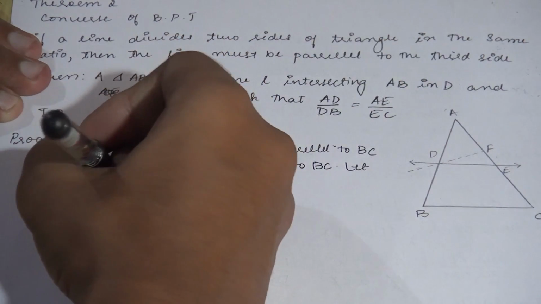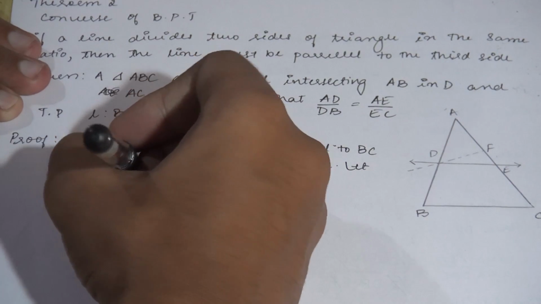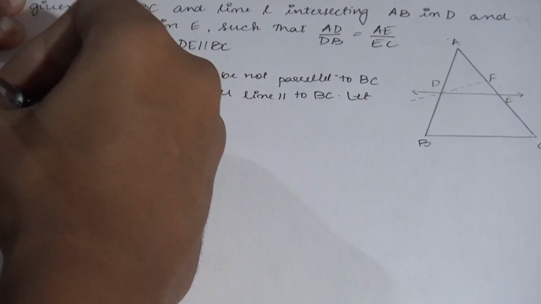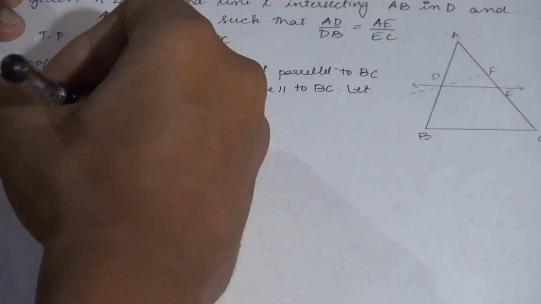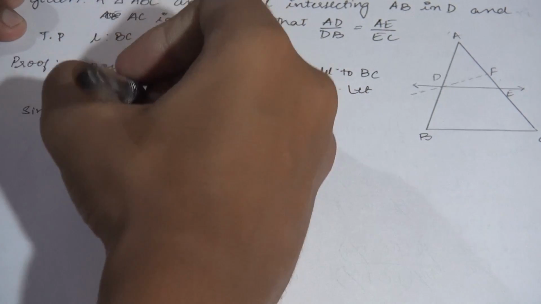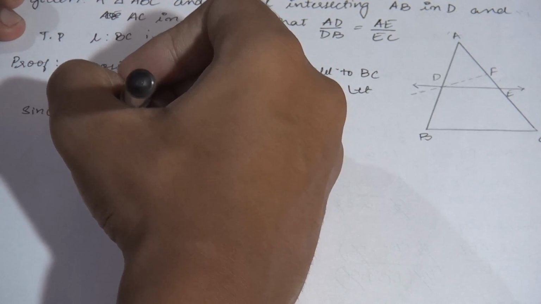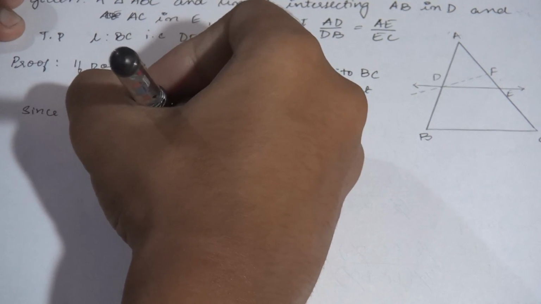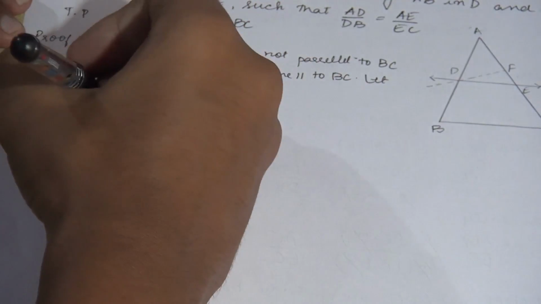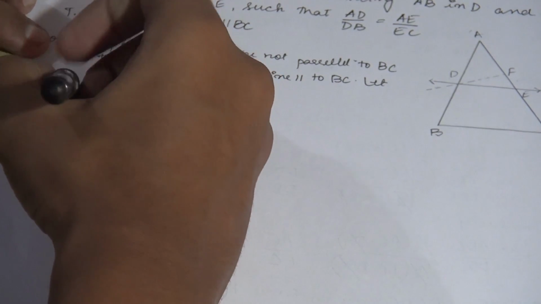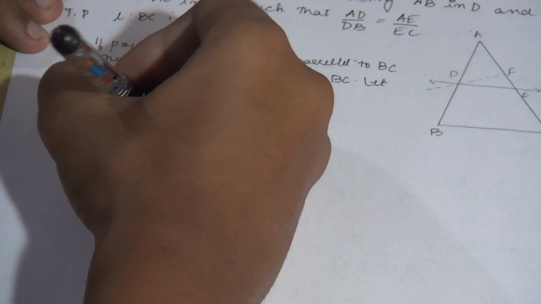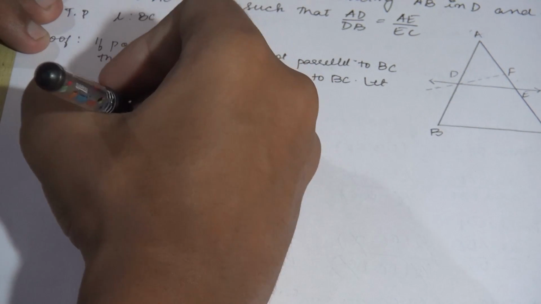Since DF is parallel to BC, therefore from BPT we get AD by DB is equal to AF by FC.